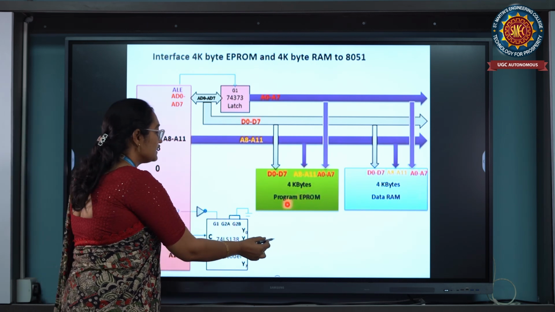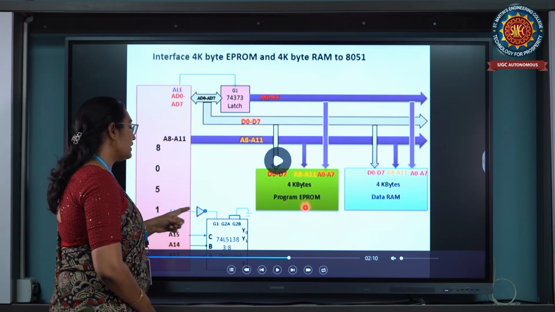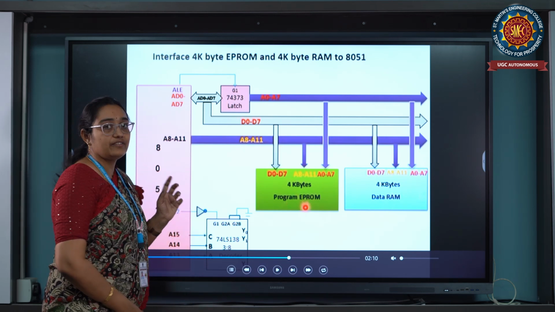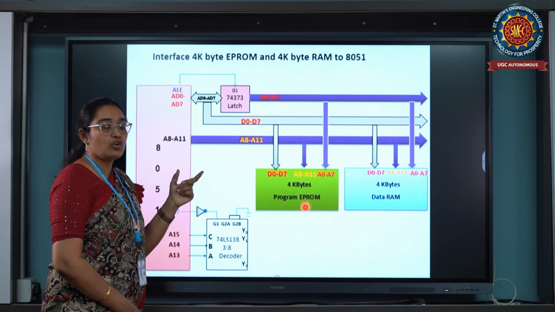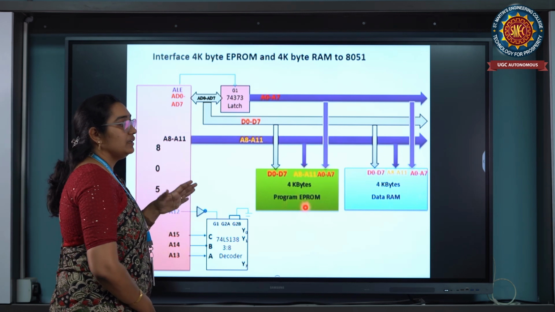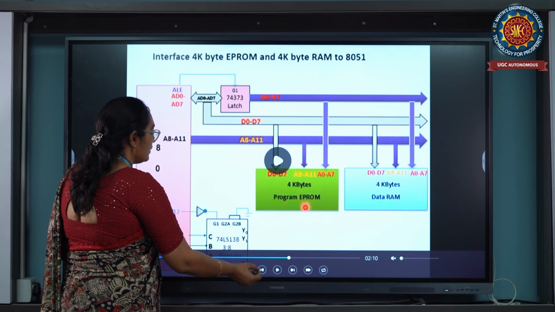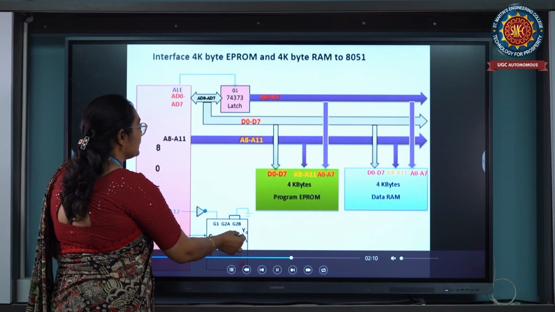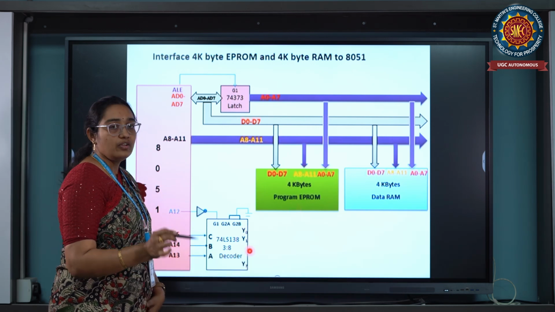When A12 uses the NAND gate, that is, when it is 0, then only it is accessed. When A12 is 0, then only it accesses the 4 kilobytes of read-only memory and random access memory with the 8051 microcontroller. It also has 8 output lines, which are Y0, Y1, Y2 up to Y7.